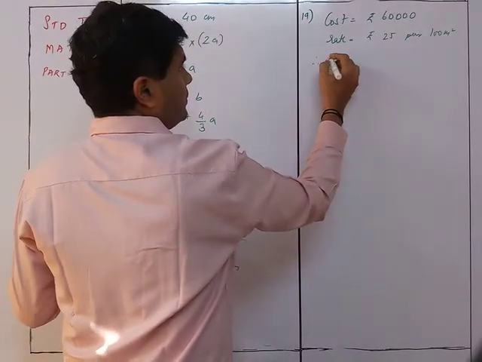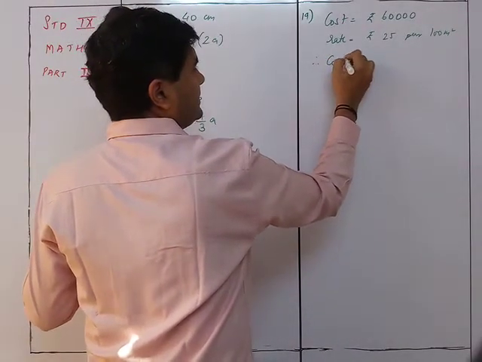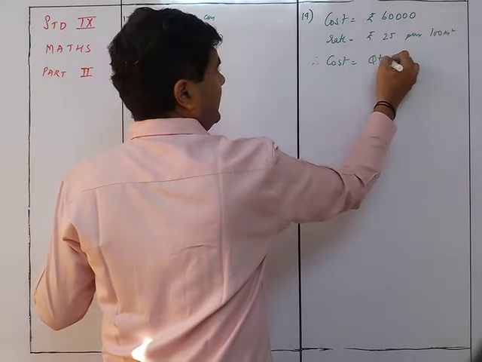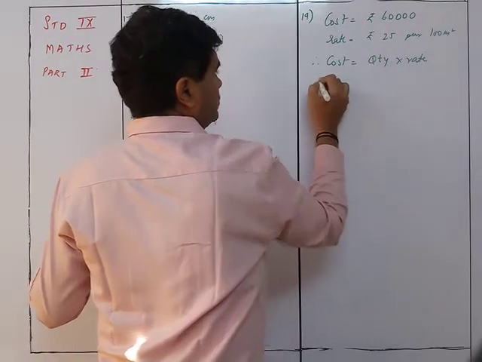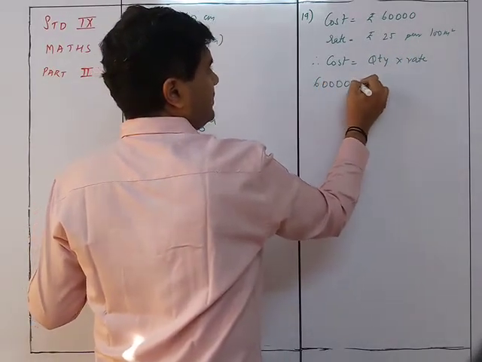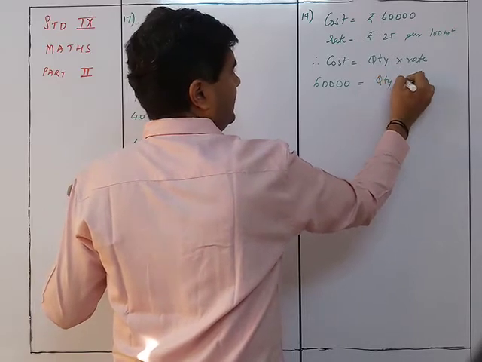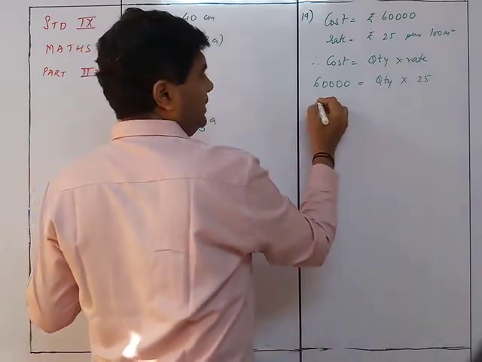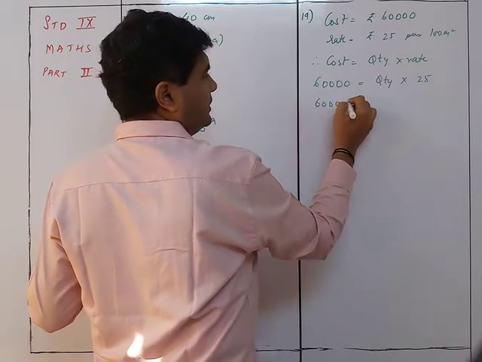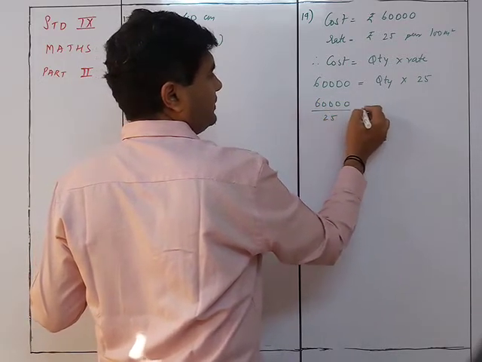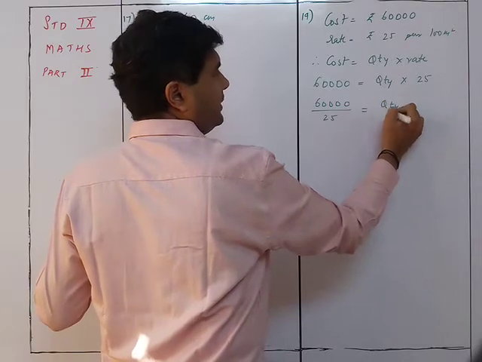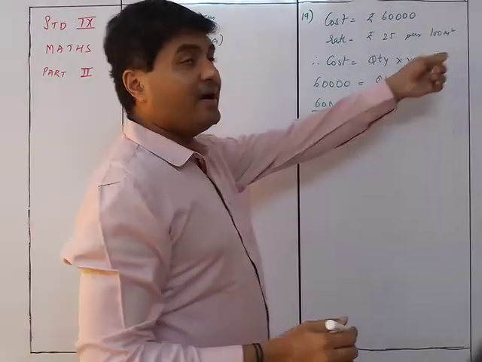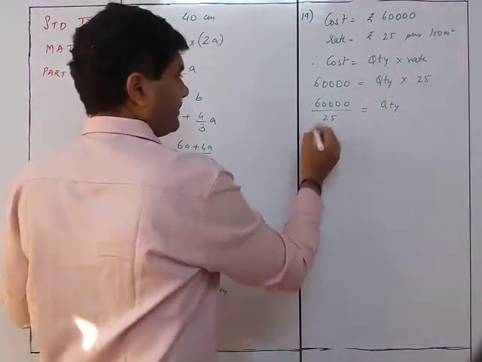Therefore, we know that cost is equal to quantity into rate. So 60,000 is equal to quantity into rate, which is 25. So that will give me 60,000 upon 25 is equal to quantity, that is that many 100 meter squares.